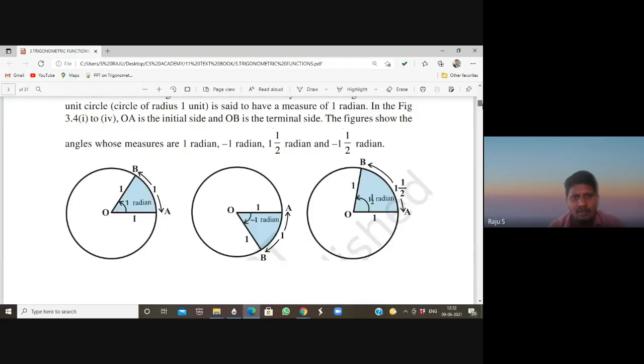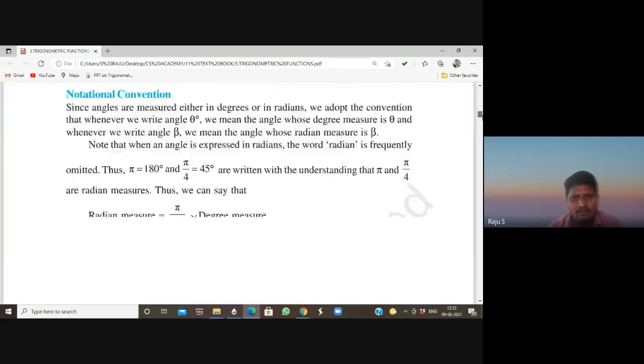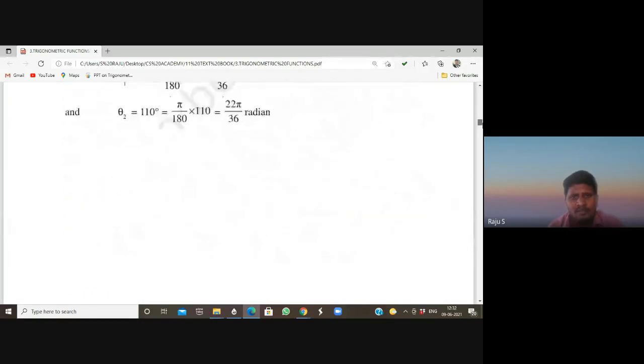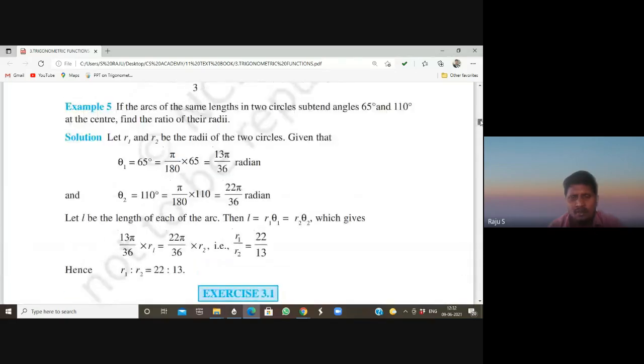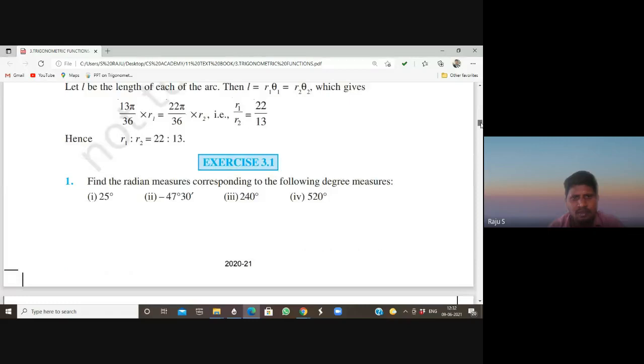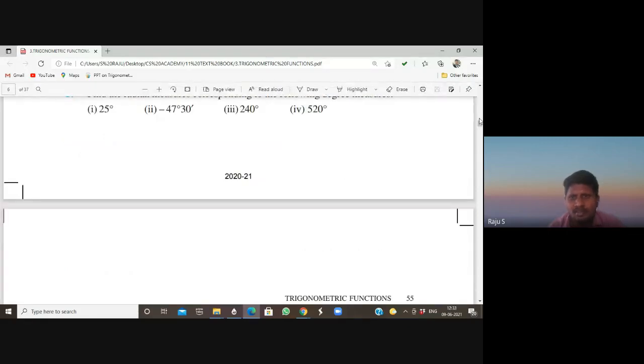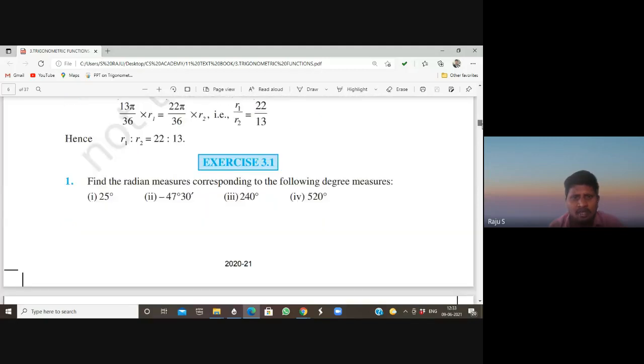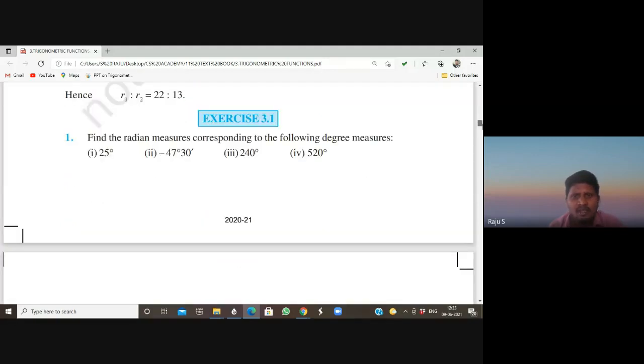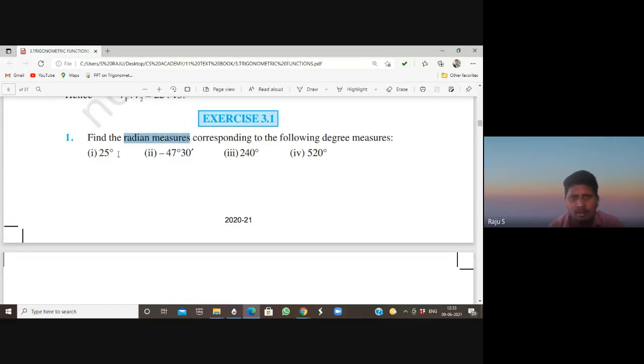Now let us see here. We will discuss more briefly the English system, French system and radian system. See, the first exercise: if they give degrees, we can convert them into radians. Find the radian measure. They have given all the subdivisions in degrees.